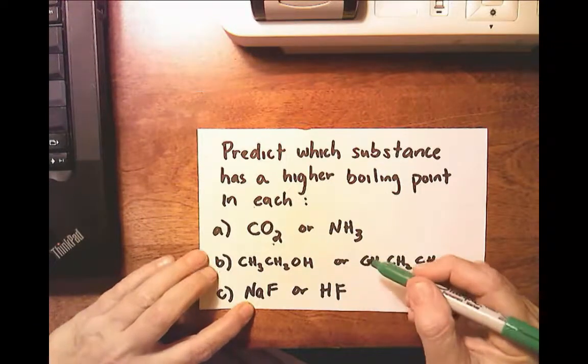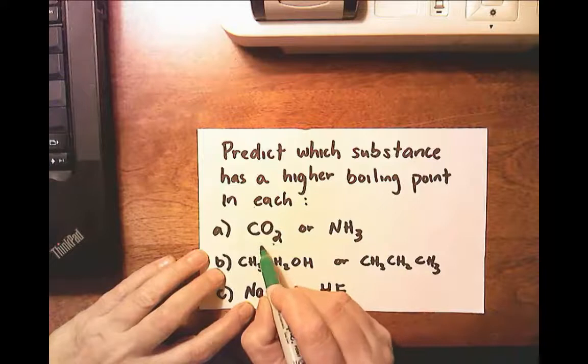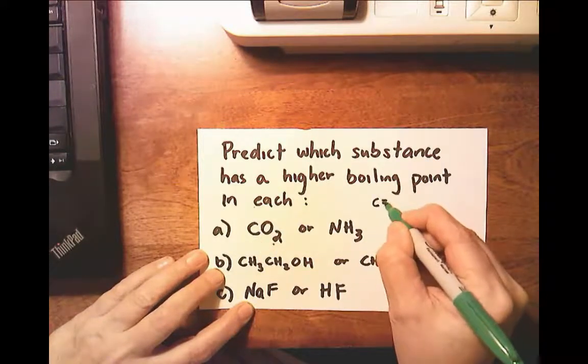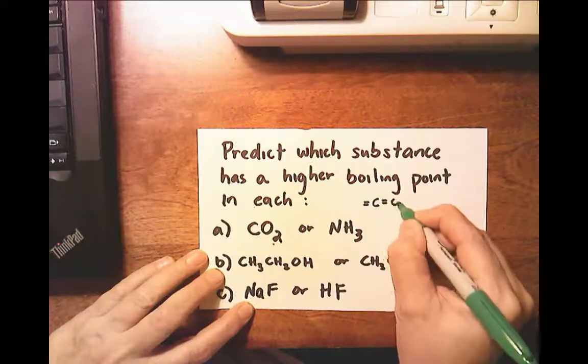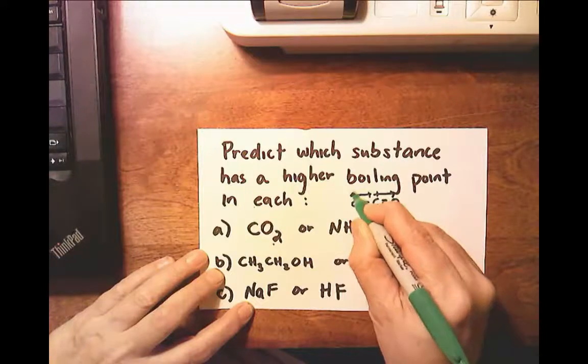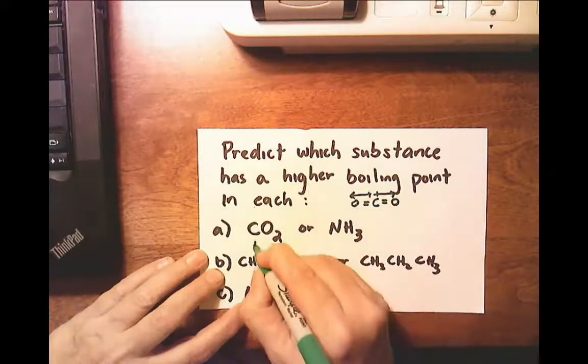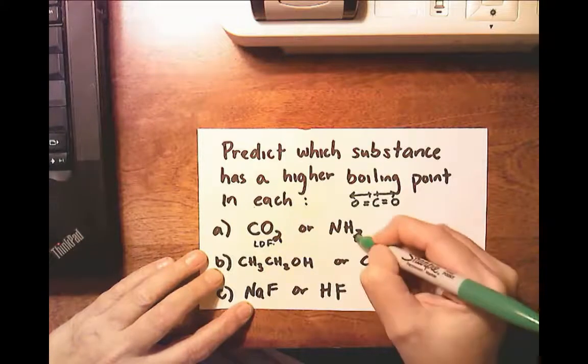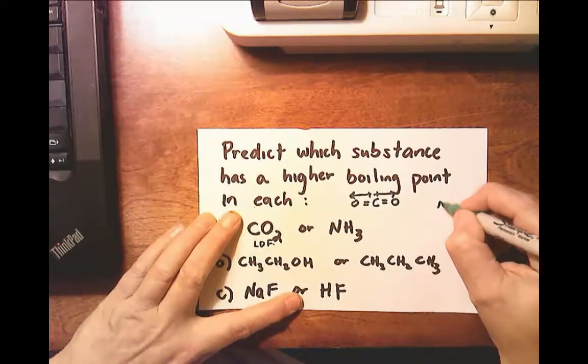We've got a nonpolar substance here because CO2, while it has polar bonds, its symmetry makes it nonpolar. So LDFs here, London dispersion forces. Okay, now we've got a polar molecule.